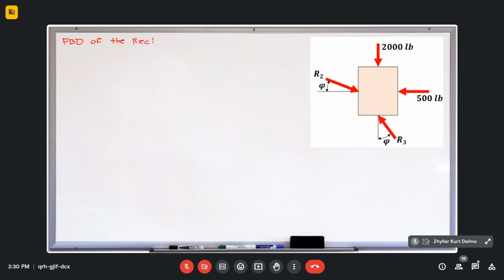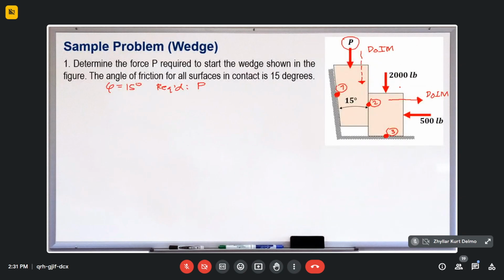So ang ato mag FBD ta sa rectangular block, then once ma-solve na ang mga unknowns from the rectangular block, mo proceed ta sa wedge, no? So again, diri ta mag-start sa rectangular block kay naa man mga almost given diri.